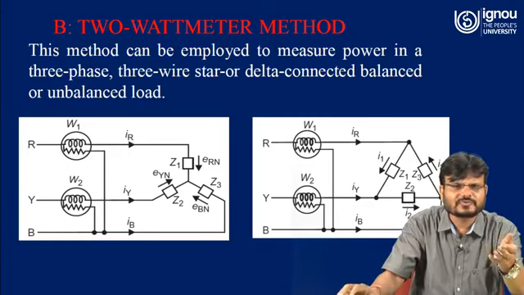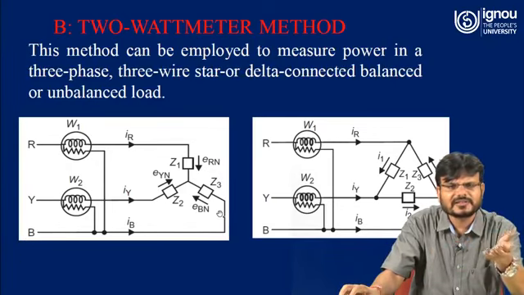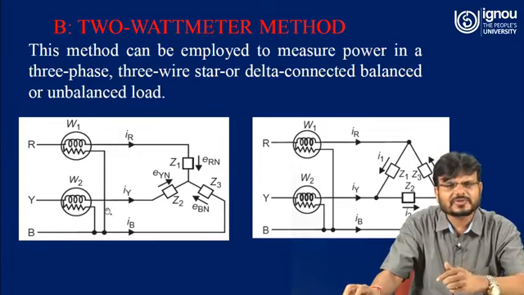So you have to find the voltage between R and B. If you want to say the voltage VRB, VRB is ERN minus EBN. So the power measured by wattmeter W1 is equal to this current multiplied by the net voltage between R and B. That voltage is called VRB, and VRB is ERN minus EBN.